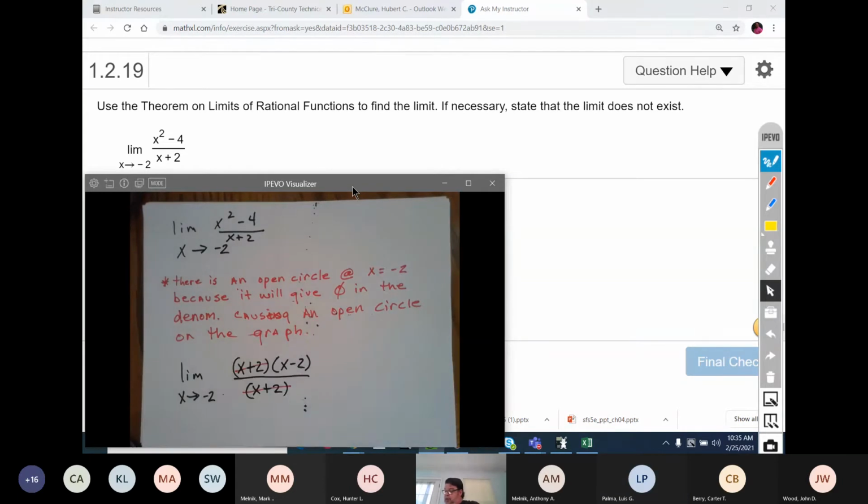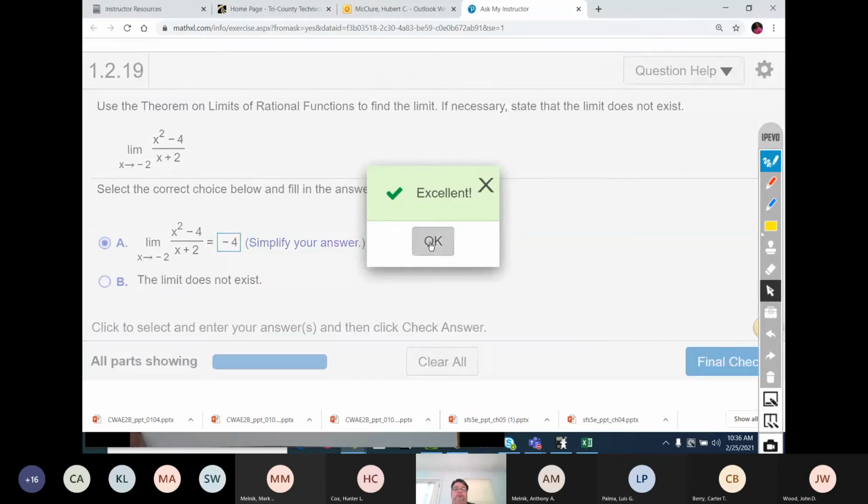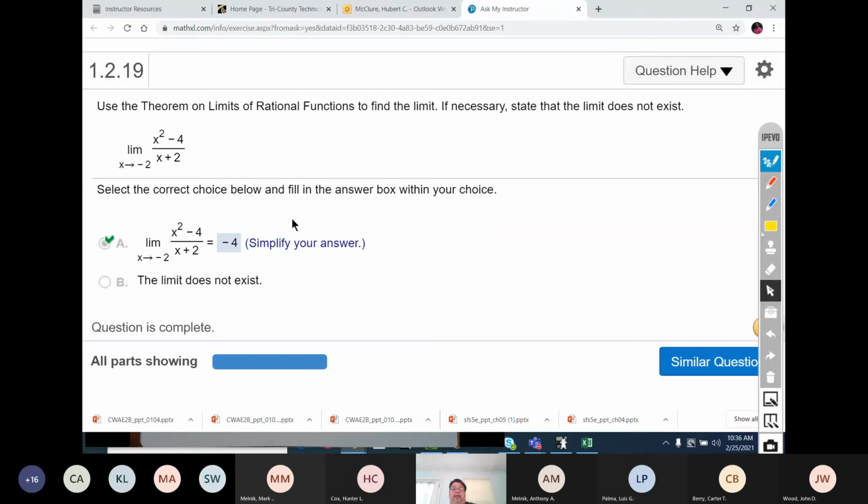Therefore, you get x minus 2, which gives you -2 minus 2, which is -4. So -4 is the limit at -2. That right there is a test question, which I told you the other day.